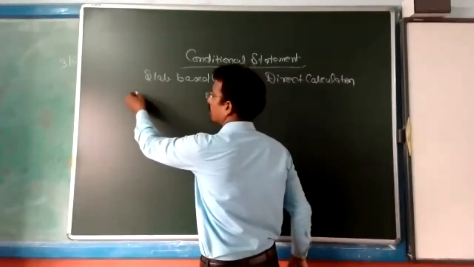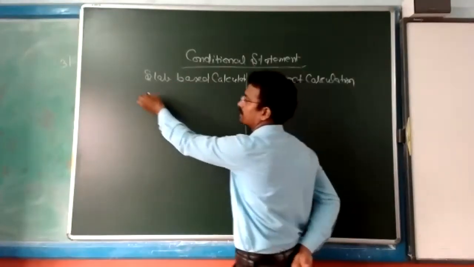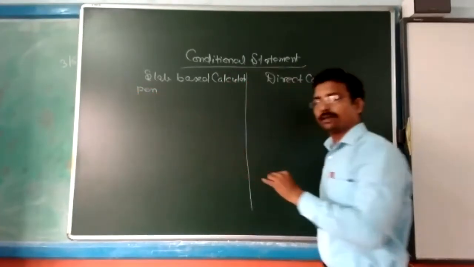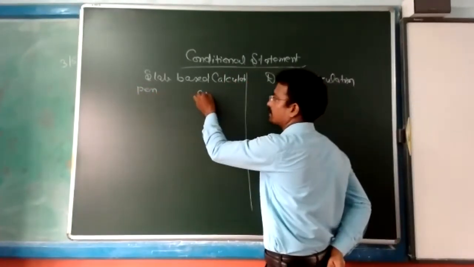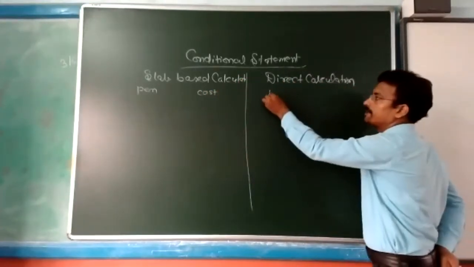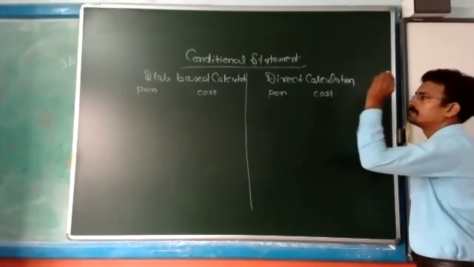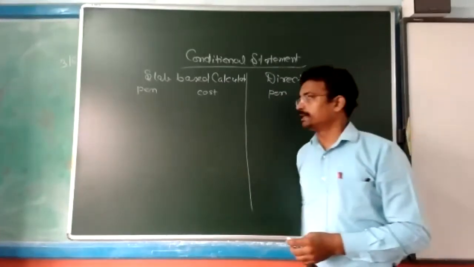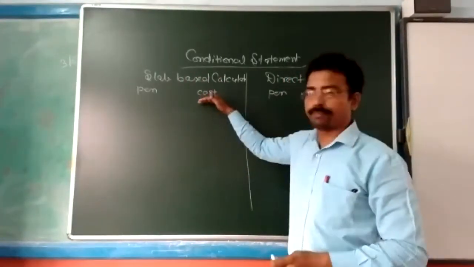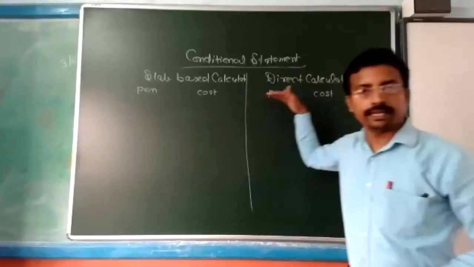Suppose we are going to purchase some items, for example, a pen, and its cost is something. You are going to a shop to purchase a bulk of pens and you have to pay some amount according to the given criteria.